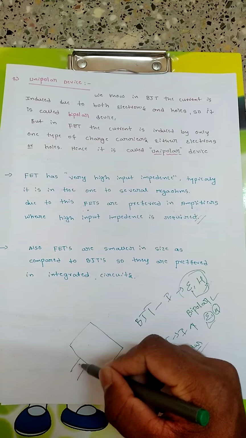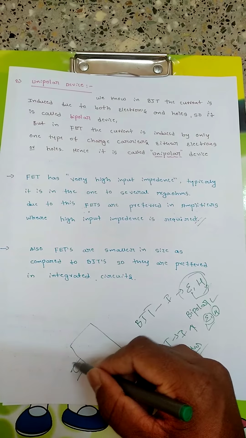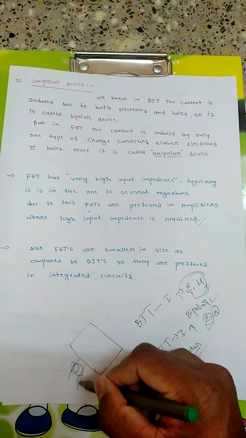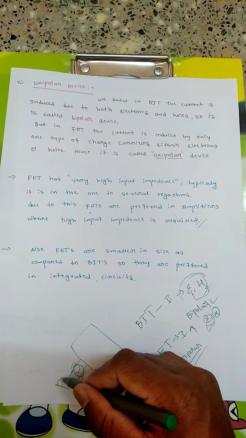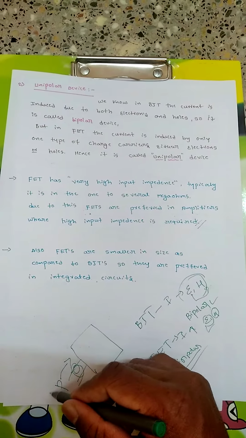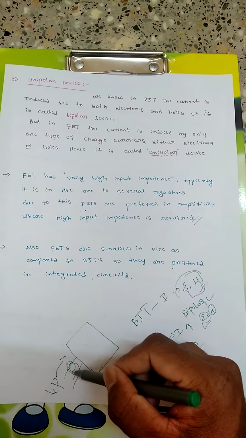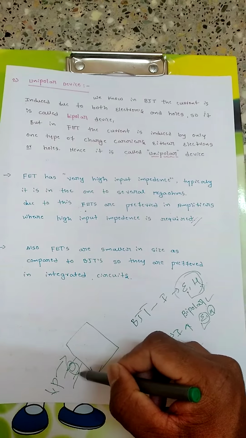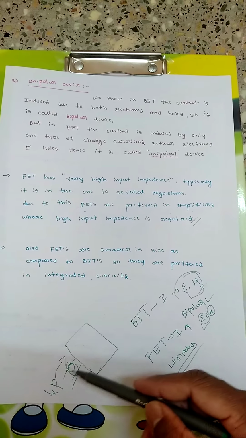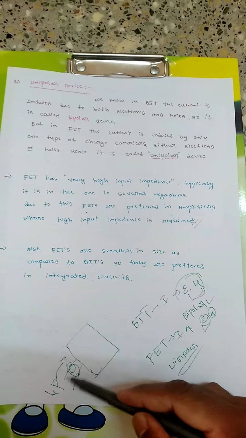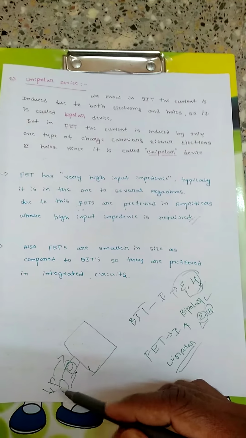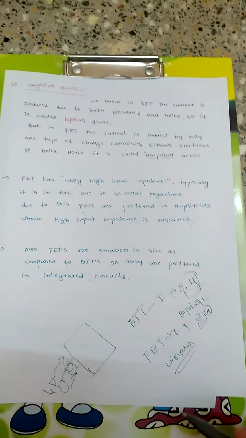If you are using a FET here, it has very high input impedance. That's why the power drawn by this system is very less, because the input impedance of the FET is very high, so it can't draw more power from the source. So it will basically increase the efficiency of the overall system.